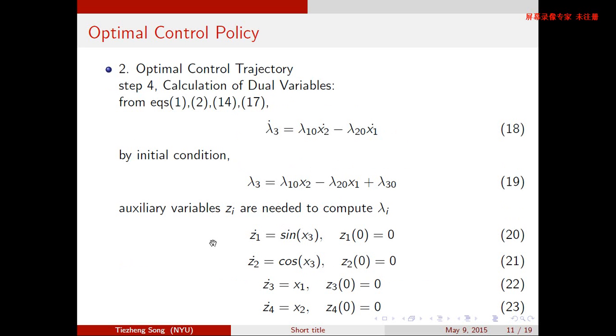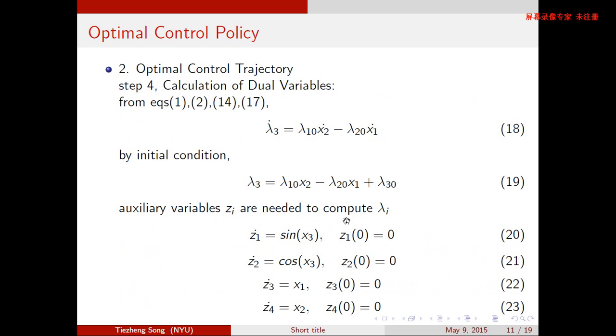The dynamics of vi are given by these four equations, 20 to 23. The initial conditions for the auxiliary variables vi are 0 at time 0.